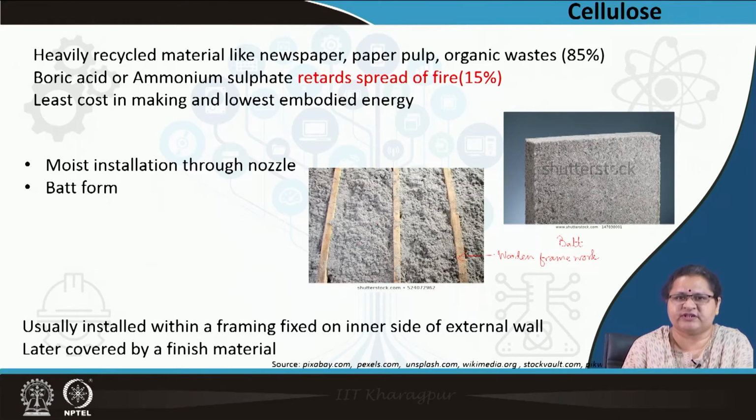So, once this is pushed in, this framework remains out and you cover it with, say, plywood, a finished material, and the insulator remains inside. You push in this kind of bats in the framework and you neatly cover it.